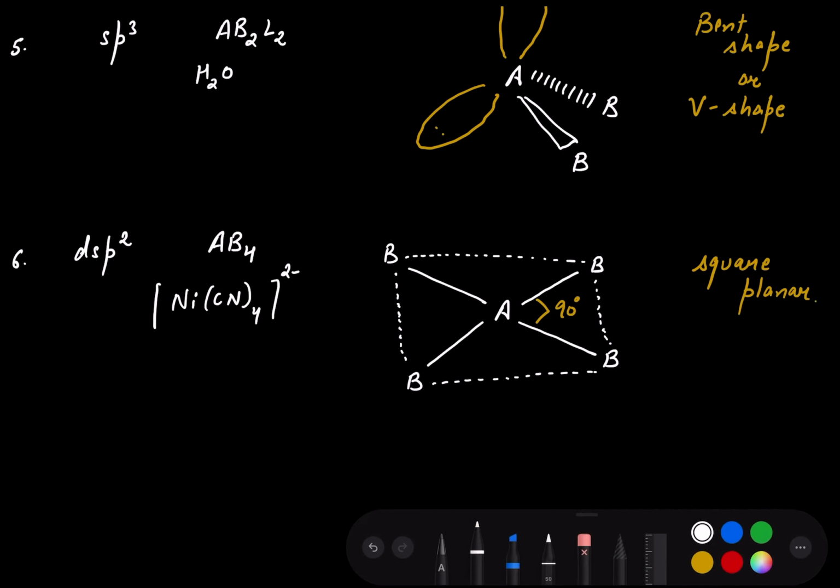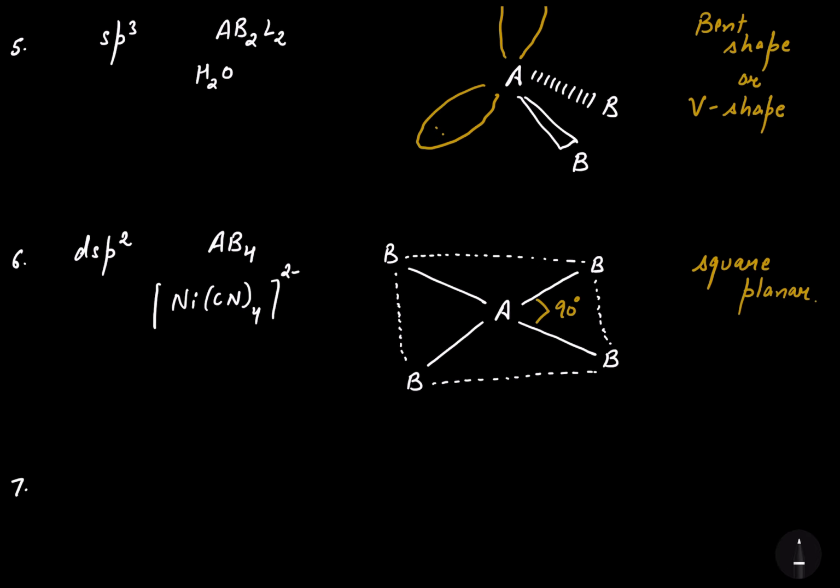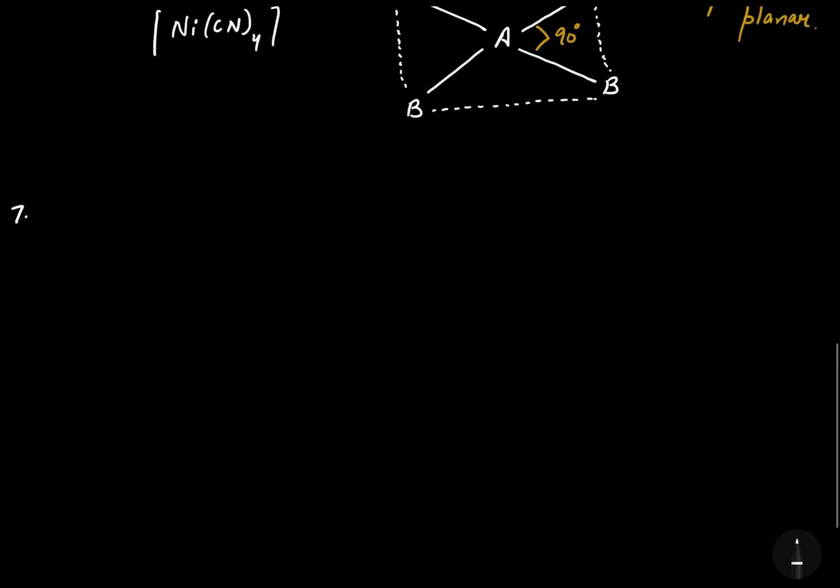Now let's talk about another hybridization, and that's the 7th one, and its name is sp3d. The covalent compounds having the general formula of AB5 will show this type of hybridization. Let me take an example. Its example is PCl5.